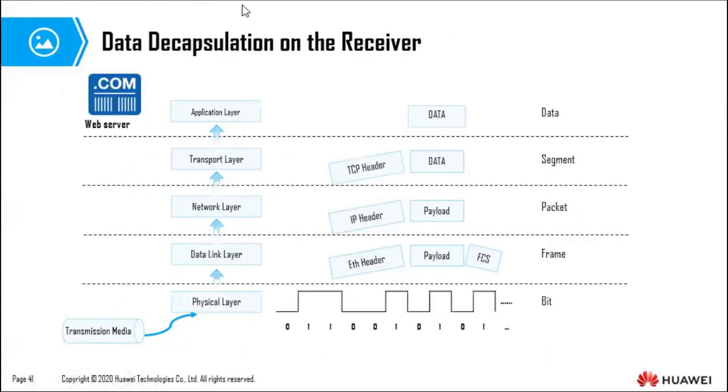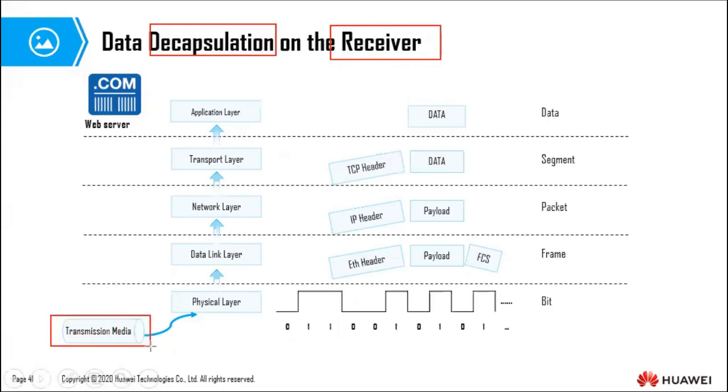Oh, decapsulation is the opposite of that. Decapsulation happens where? At the receiving end. On the receiver, exactly. So on the receiver, data will move from the transmission media into the physical layer, from the physical layer to the data link layer.